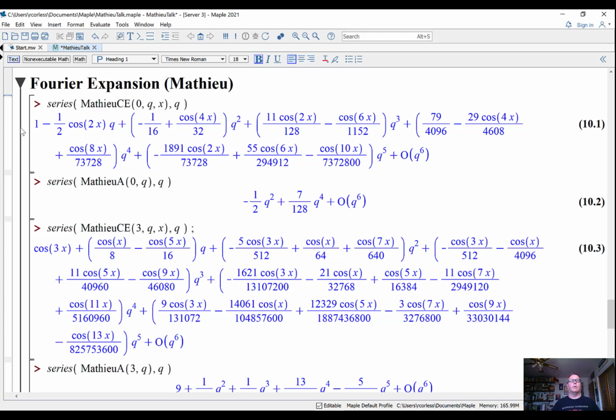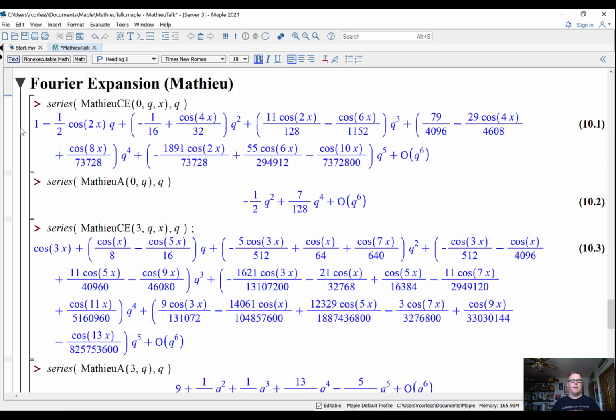You ask for the series in terms of q of Mathieu CE 0, the first one, which is sort of like the cosine of 0x. And you see that, yes, to first order, it is 1, plus something that depends on x times q, plus something that depends on x times q squared, etc.